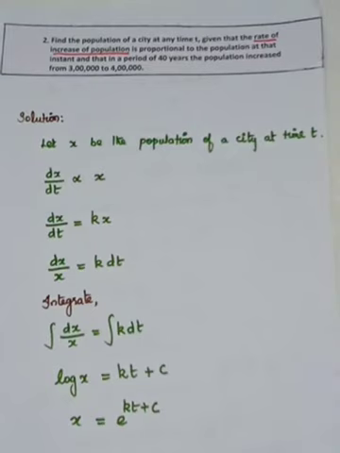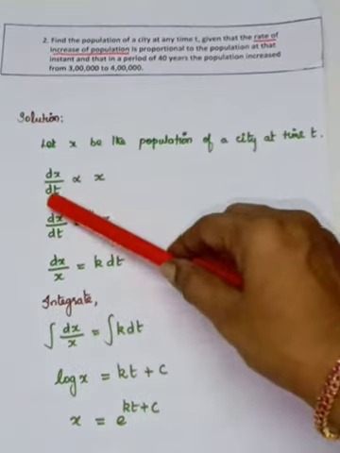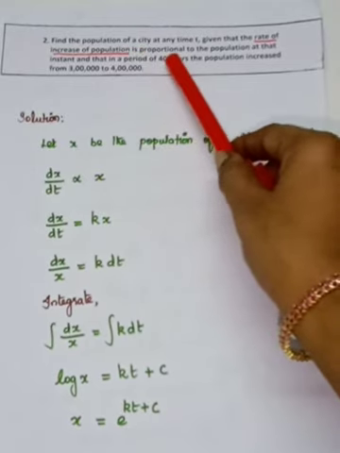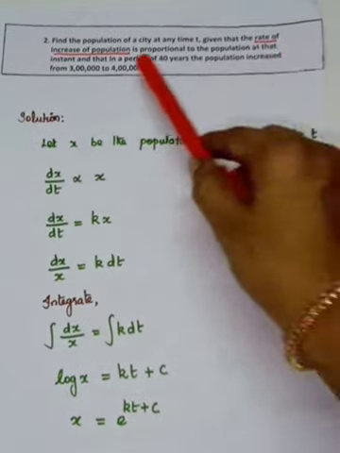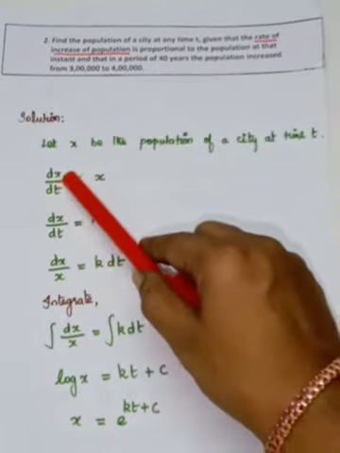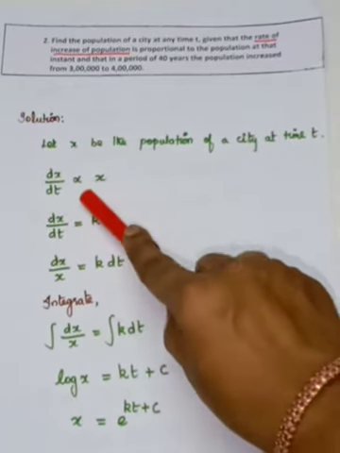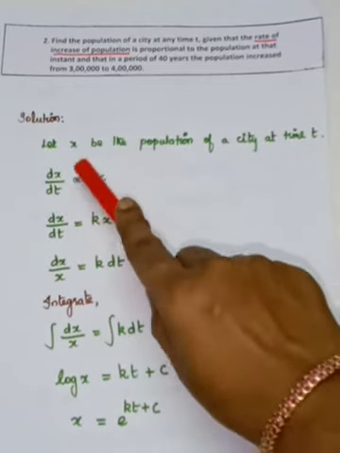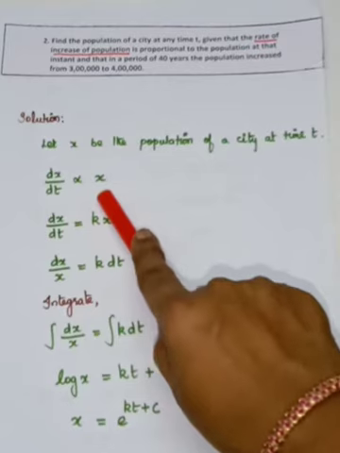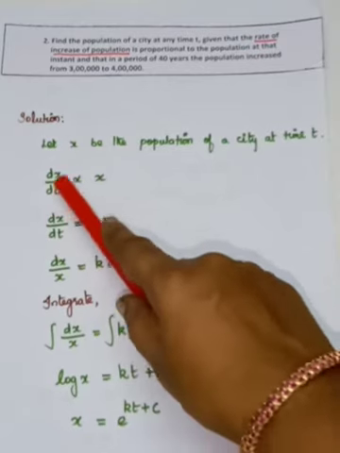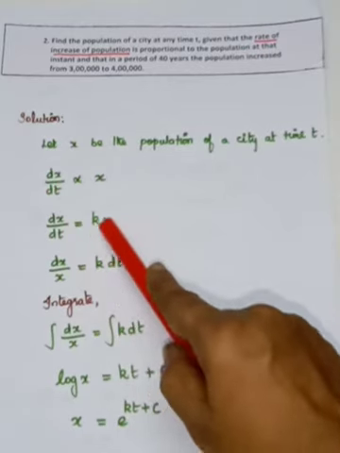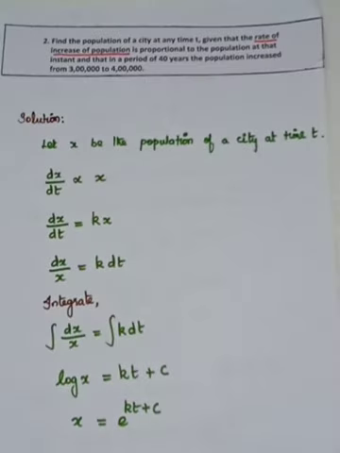The rate of increase is nothing but dx by dt. It is proportional to the population at that instant. So dx by dt is proportional to x. So dx by dt is equal to k into x, and the proportionality symbol has to be removed.